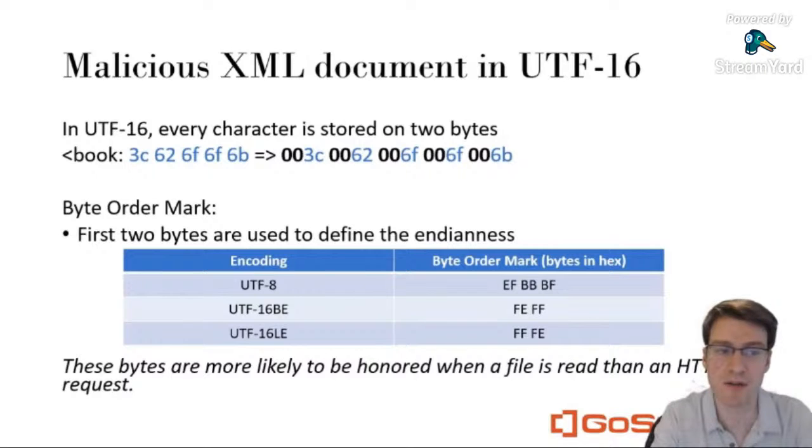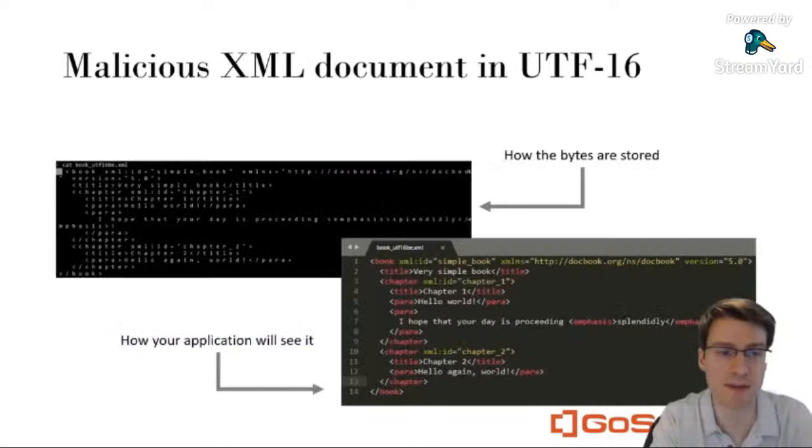So in the case of Big Endian, we're going to see that every character in Latin will be preceded by a null byte. For a sample XML file, let's say we want to test for XML external entities, eventually we're going to add a doc type that is malicious with special entities. But first we're going to test if our XML file can be parsed in UTF-16.